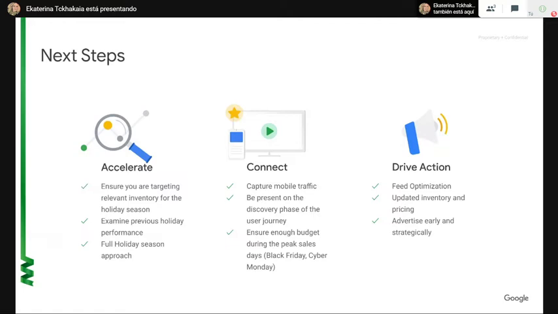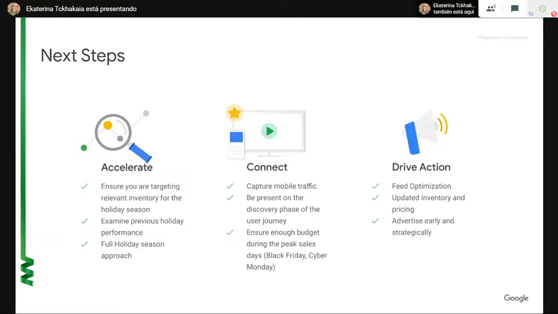Make sure to capture the mobile traffic, be present during the discovery phase of the user journey, and also for those customers who already have that perfect gift in mind and they're just exploring which brand they would like to buy from. And of course, ensure enough budget during the peak sales such as Black Friday or Cyber Monday.